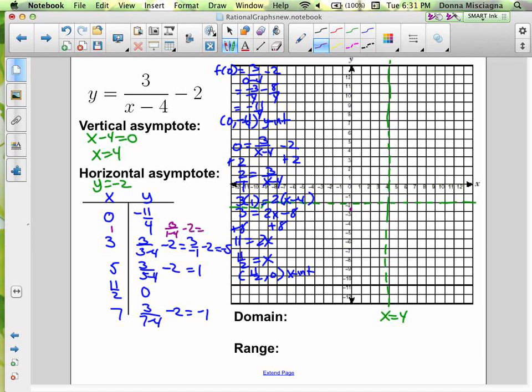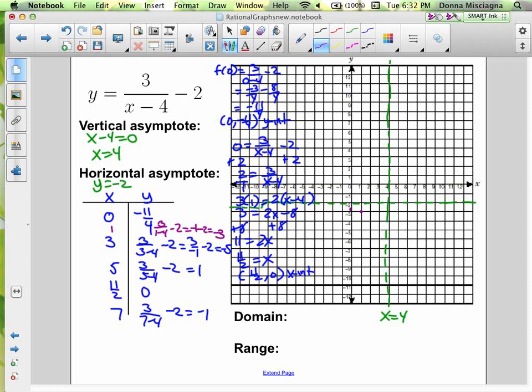So 3 divided by negative 3, that's negative 1 minus 2, that's negative 3. We'll squeeze that one in. So let's graph that point as well. So we got 1, negative 3.